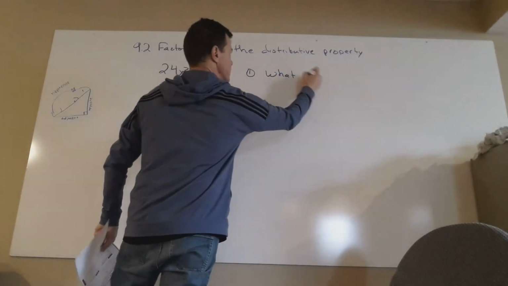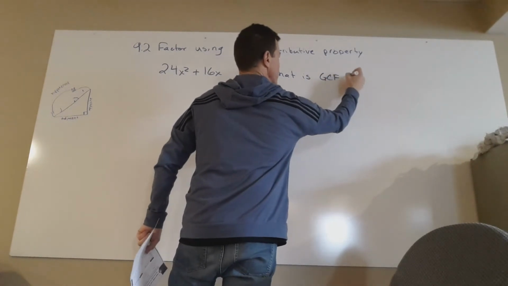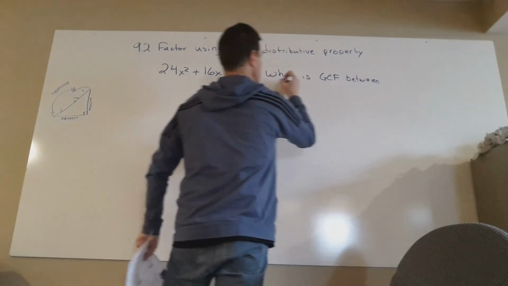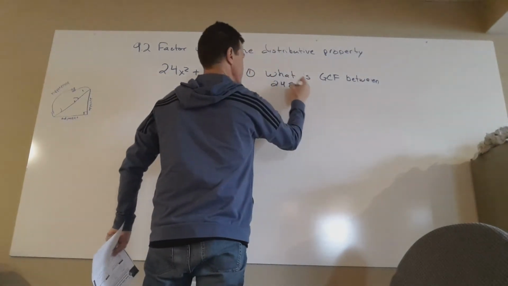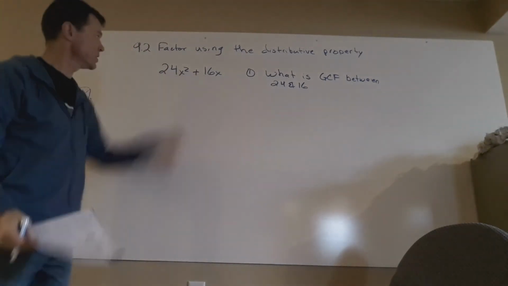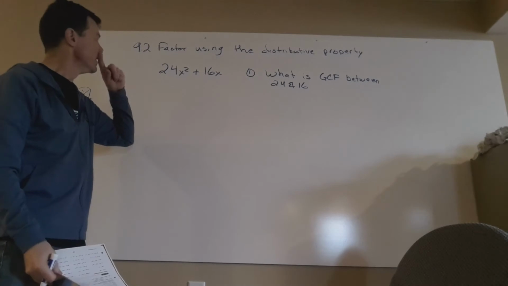So what is the greatest common factor between 24 and 16? All right, so let's just start out with the smaller number, 16. Does 24 go into 16? No, it does not.